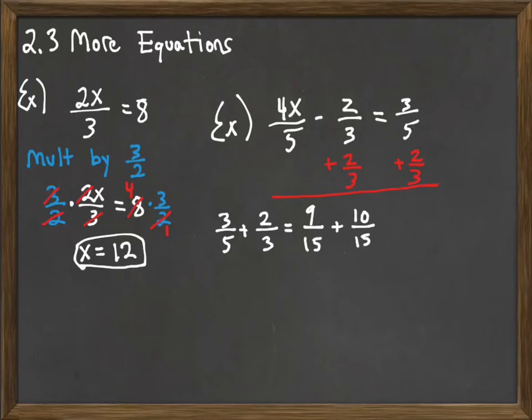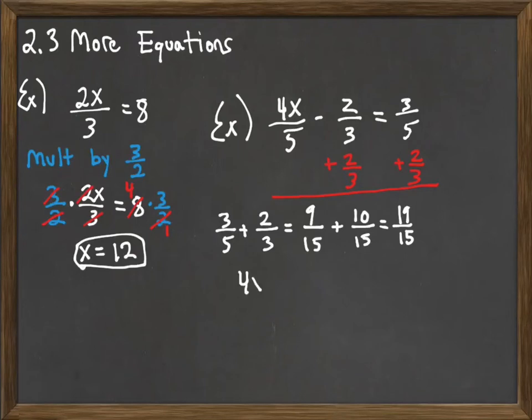Then we build our new fractions. 5 times 3 gave me 15, so on top, 3 times 3 is where I get my 9. 3 times 5 gave me 15, so on top, 2 times 5 gives me 10. Now I have my common denominator, so we put our numerators together: 9 plus 10 is 19 over 15.